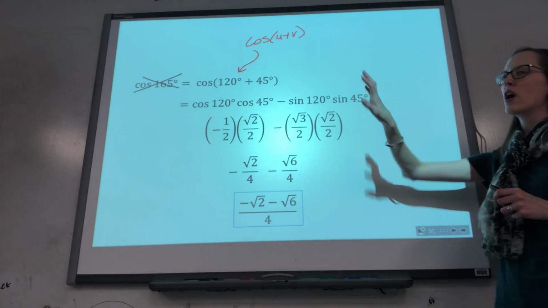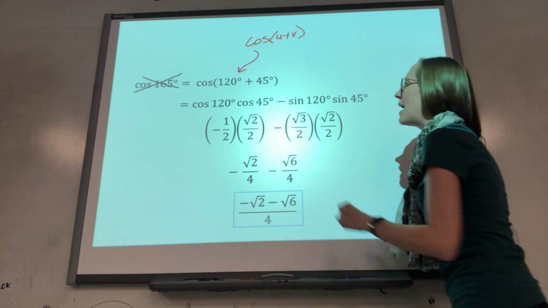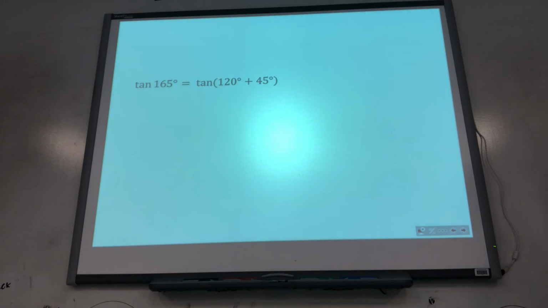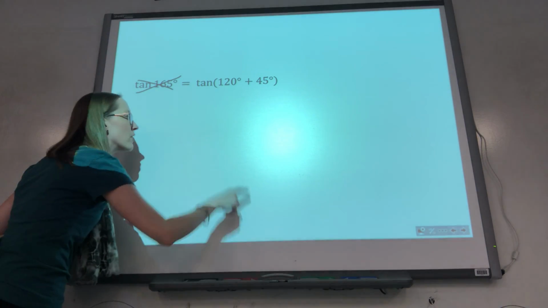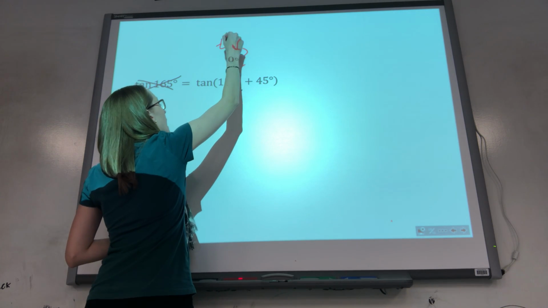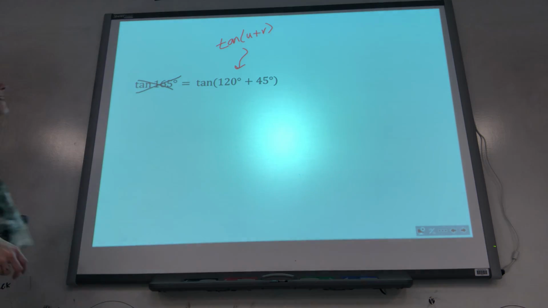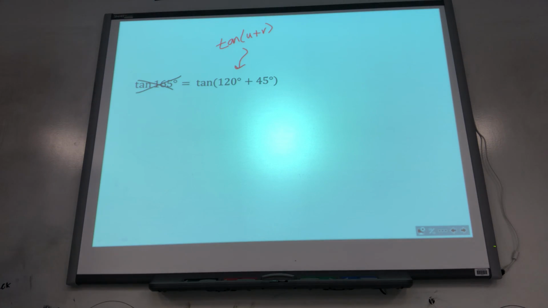We haven't worked with tangent yet today, so this might be slightly new, but I need to take tangent of 120 plus 45. Again, I'm not really looking at that anymore. I'm looking over here, and I notice the plus sign. So as I do this, I'm using the tangent of u plus v formula. This is still u and that is still v. All right, it was in fraction form.